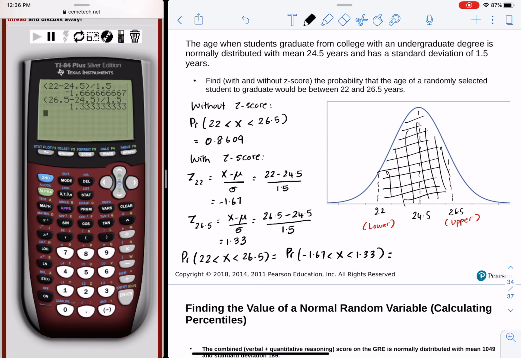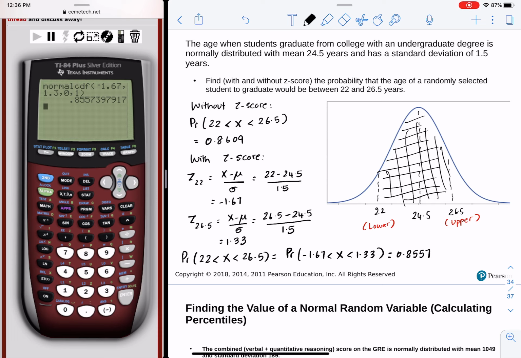We can use normal CDF again. Starting value here is negative 1.67. The ending value is 1.33. The mean is 0. Standard deviation is 1 because we are dealing with z-scores. And the probability ends up being 0.8557.